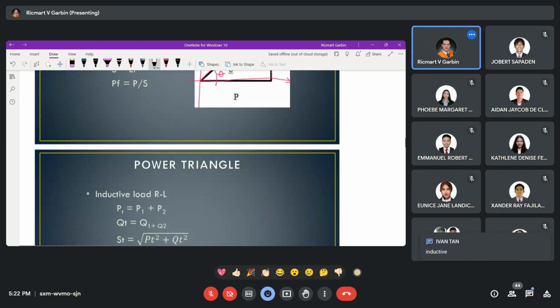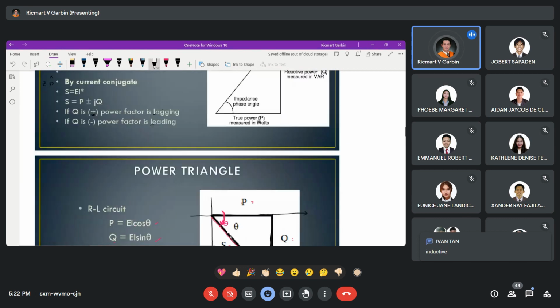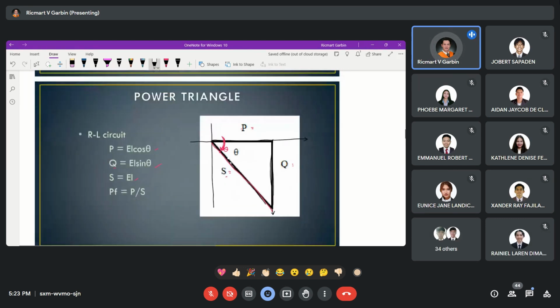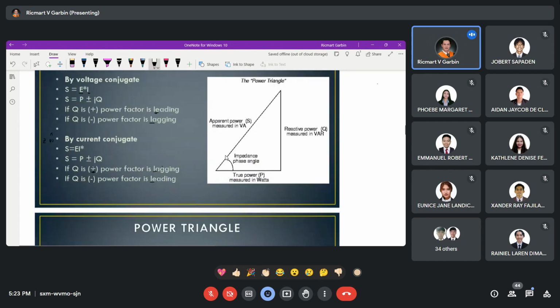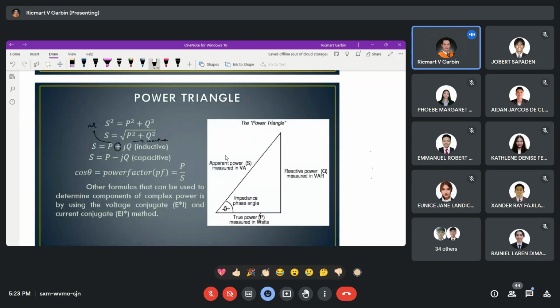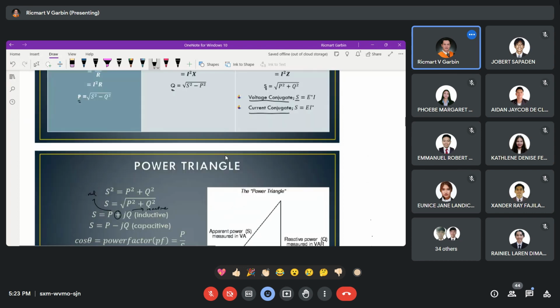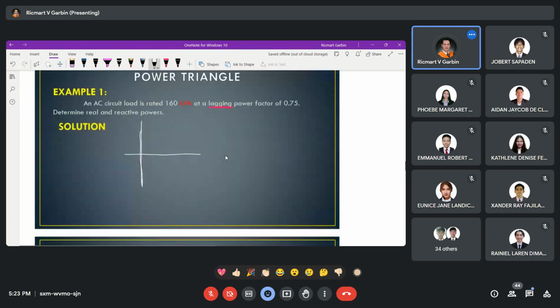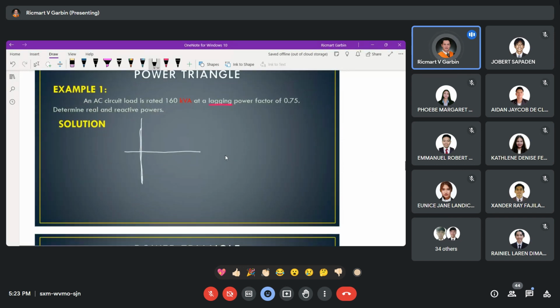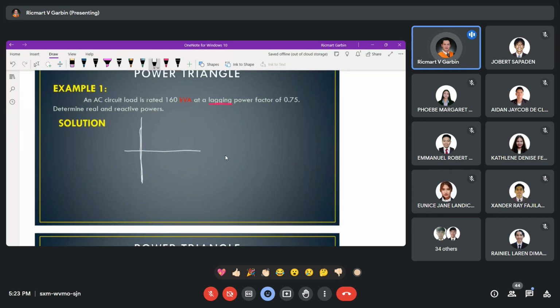Balikan natin. Di ba dito sa power triangle natin, anong sinabi ko kanina? Anong angle ito? Di ba yun ay inductive. Ibig sabihin, pababa.